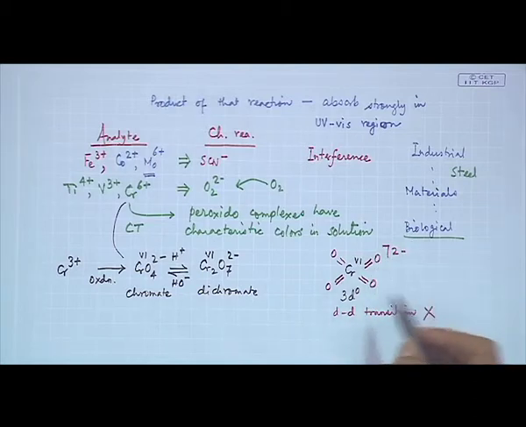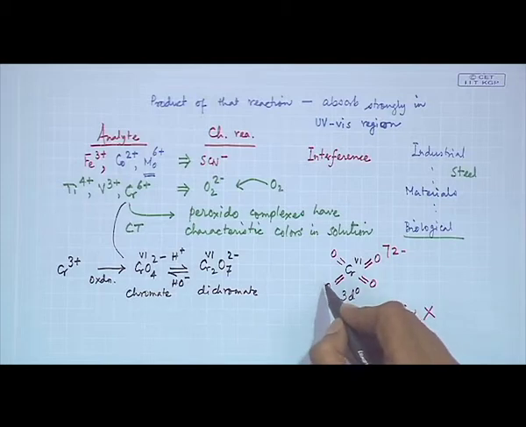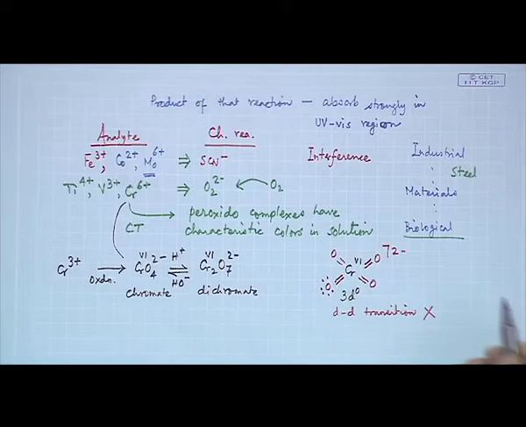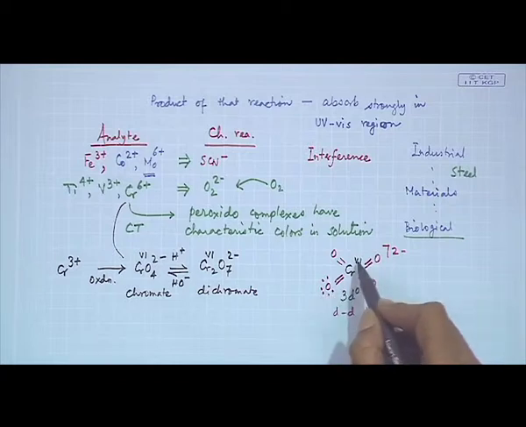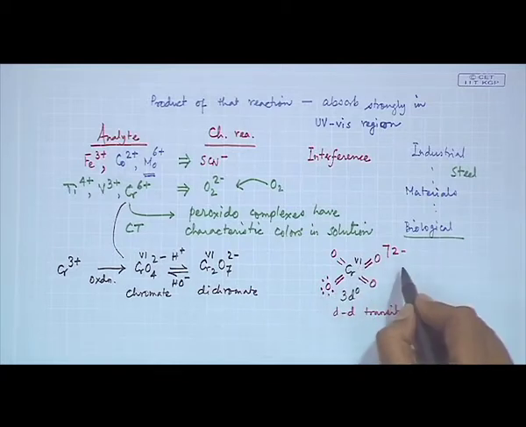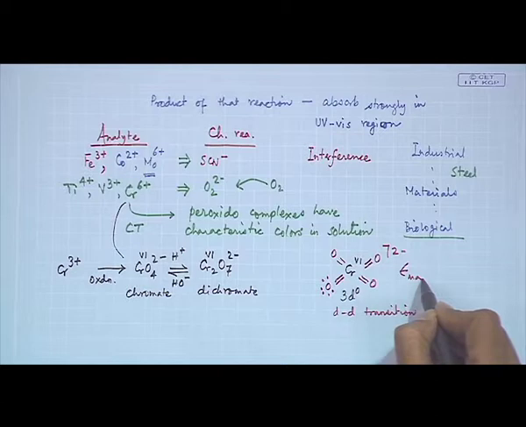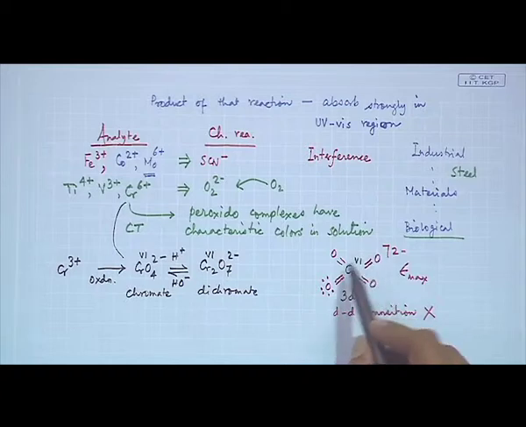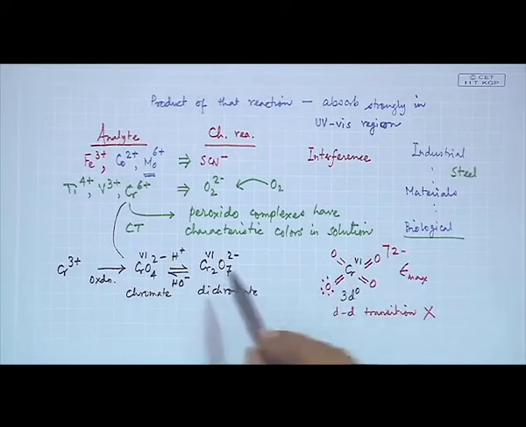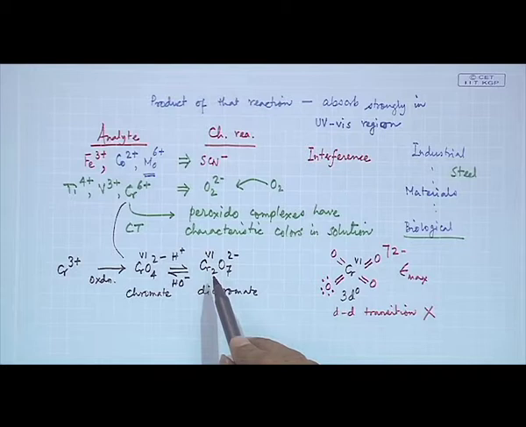There can be charge transfer transitions, because the oxygens have filled electron pairs in their p levels. If the electronic charge can be transferred from O to chromium, we get a good charge transfer transition of appreciable magnitude, several thousands of epsilon max value, which will be useful for determining the unknown chromate concentration as well as the dichromate concentration.